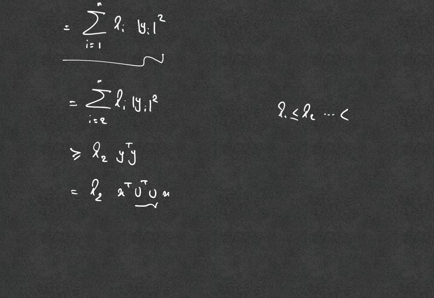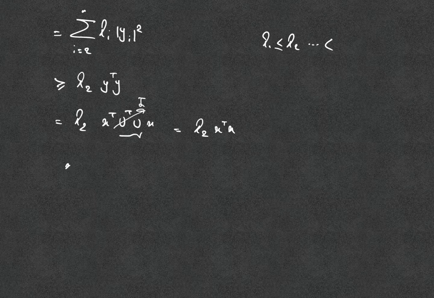And we mentioned that U is unitary, so this is going to be I, which makes this this. Now we know that x^T L x is larger than or equal to lambda 2 x^T x when x is non-zero, and lambda 2 is going to be a pretty good approximation for the value instead.